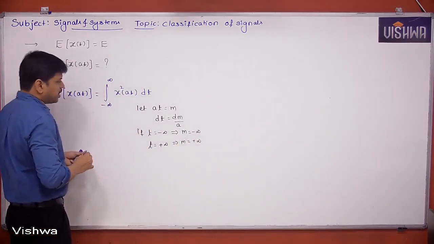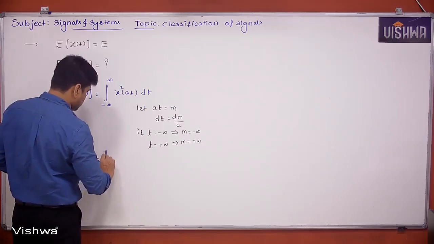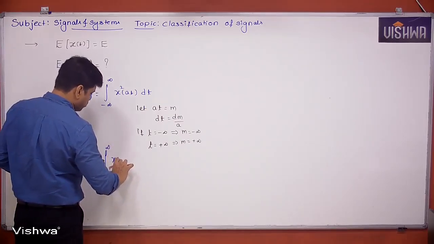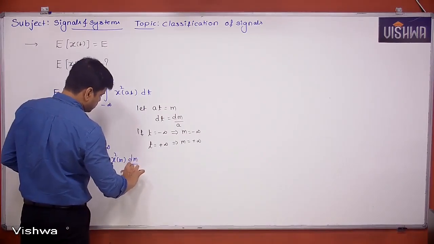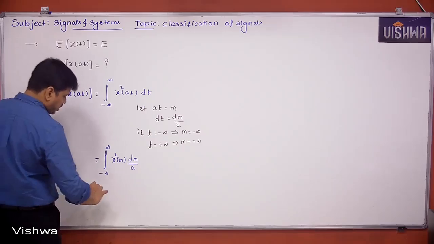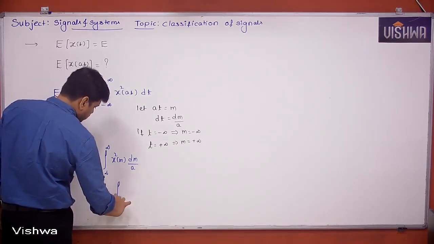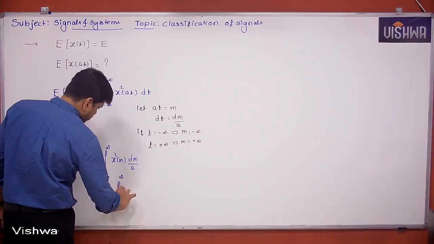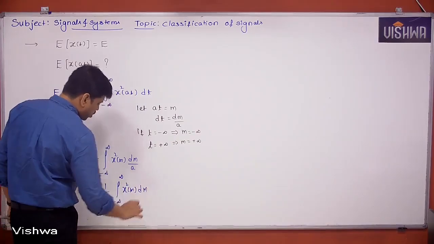Now I can rewrite this integral as integral from minus infinity to infinity of x of m square dm by a. So if we take a common out from the integration, 1 by a integral from minus infinity to infinity of x of m square dm. Now we know this integral.